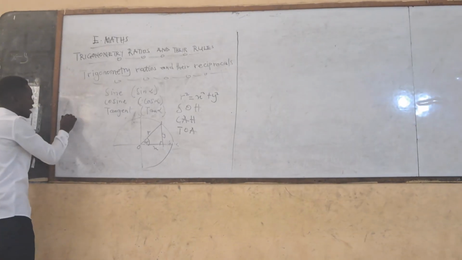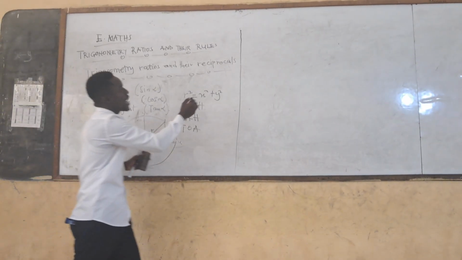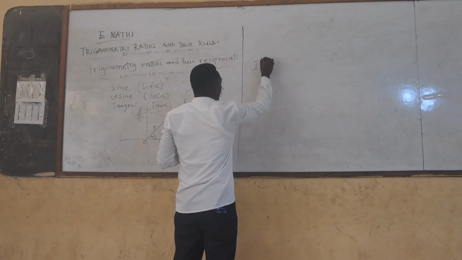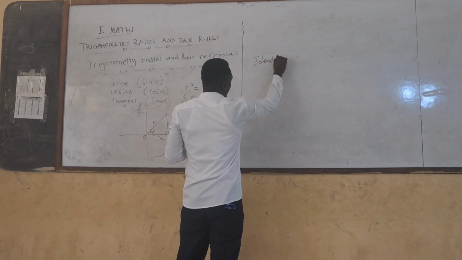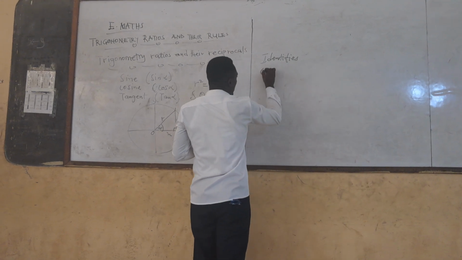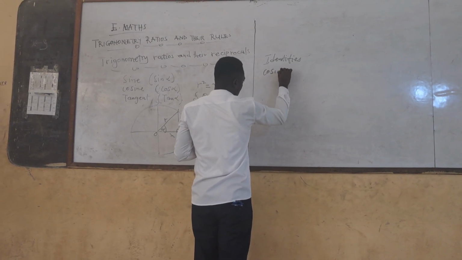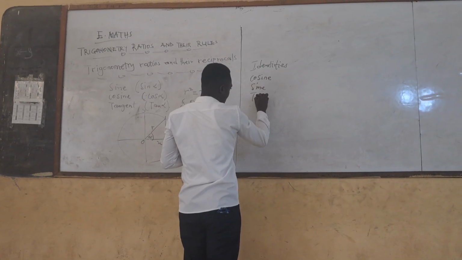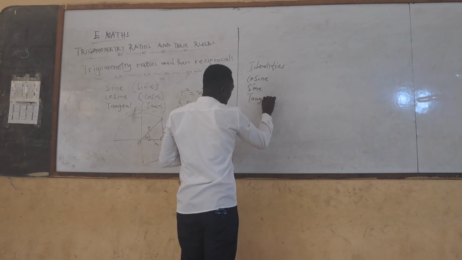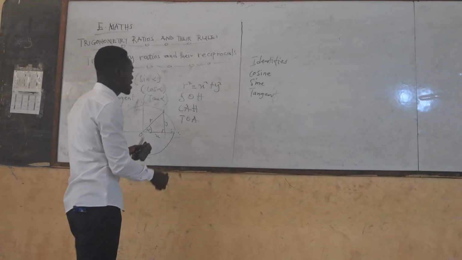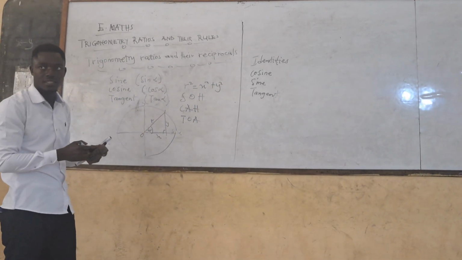We have cosine, sine, and the tangents. Normally we use them as identities, but their ratios are what we are going to look at now.